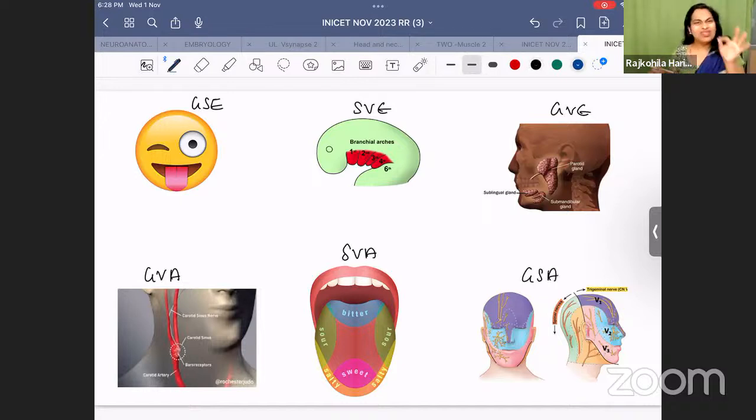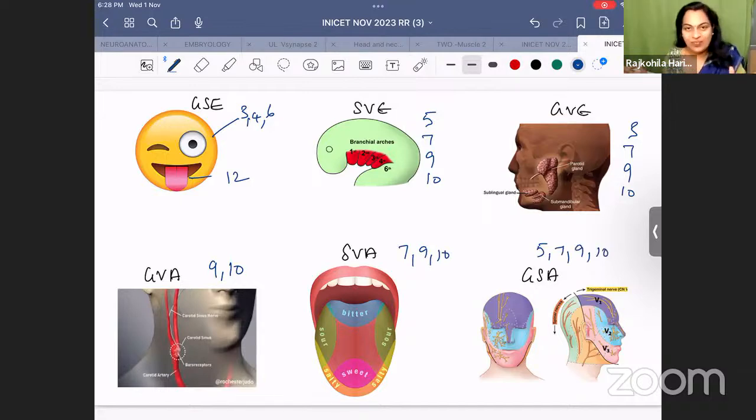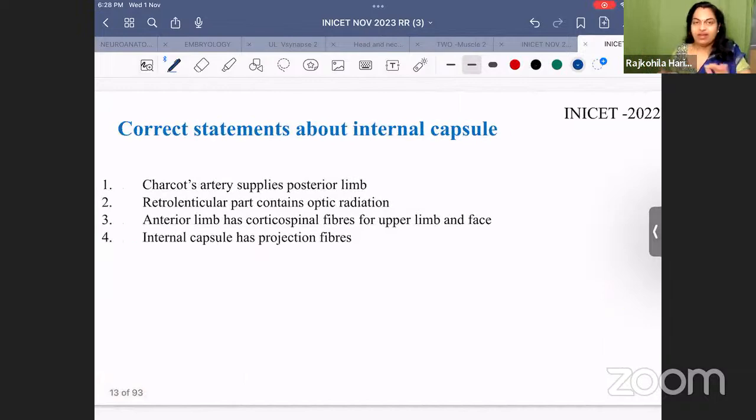If you remember just one image, it's going to be easy. 3, 4, 6, 12. 5, 7, 9, 10. 3, 7, 9, 10. This is going to be 9 and 10. 7, 9, 10. 5, 7, 9, 10. Easy. You will be mastering this topic if simplified.